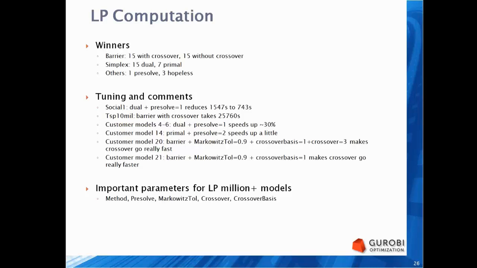You also notice that our simplex performed nicely compared with barrier. For barrier, because of machine improvements, more improvement on the machine usually transfers to more speedup for barrier than for simplex.